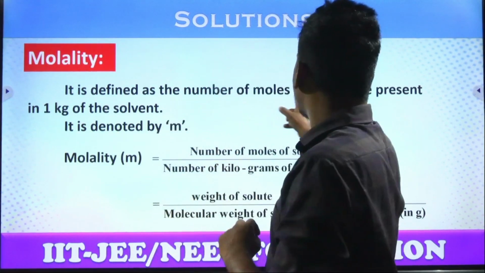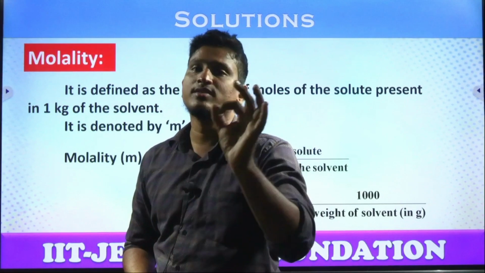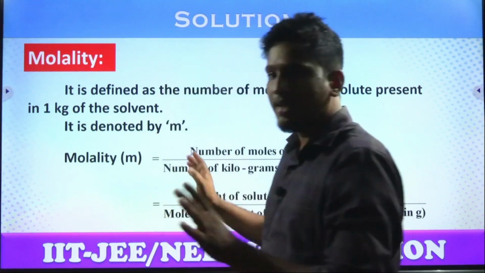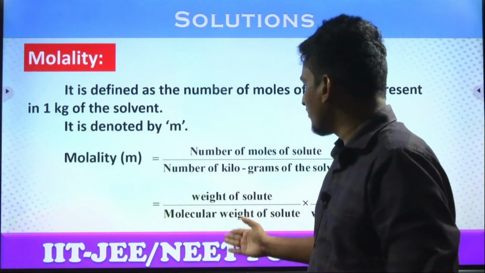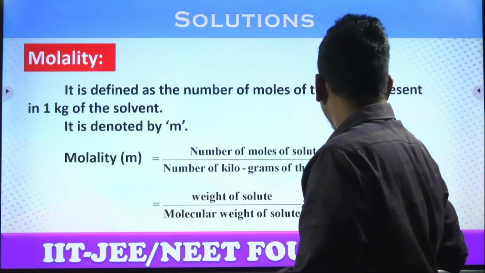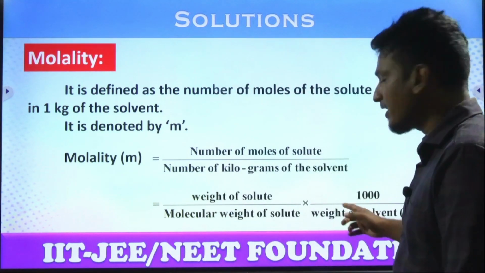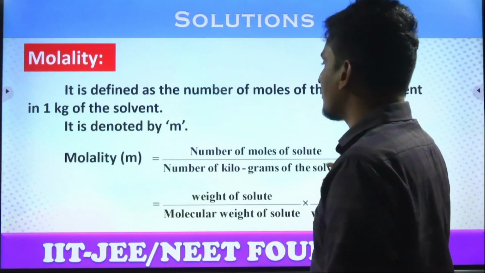It is defined as the number of moles of solute present in 1 kg of solvent, or 1000 grams of the solvent. The same expression: how to find the number of moles? Weight of the solute by molecular weight of the solute, divided by weight of the solvent in kg. If it is in grams, students, you have to multiply by 1000 by weight of the solvent in grams.